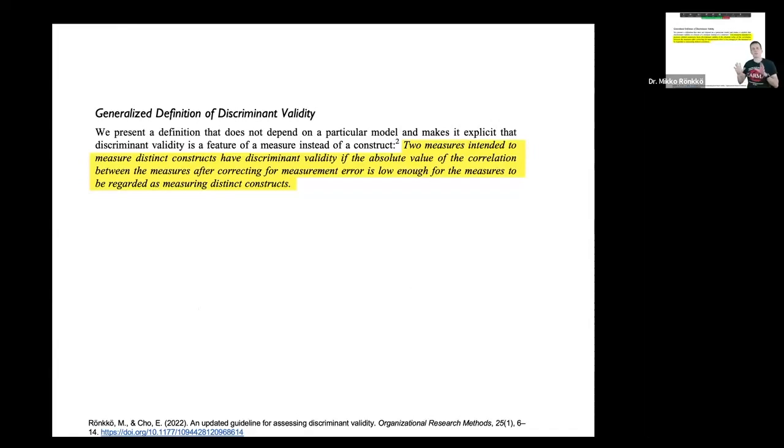The idea is that if you have 2 measures that are too highly correlated, then it's implausible to claim that they would actually measure 2 different things. And discriminant validity is about this kind of assessment. So discriminant validity is about measures, it's not about constructs. Your items have discriminant validity if they are not too highly correlated. It's not the constructs that they are supposed to measure that have this property.